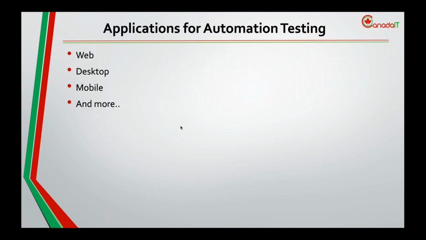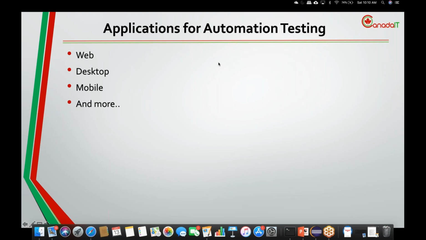Okay, so what are the different applications that you can test with automation testing, that you can think of automating? As we have already discussed, we can test web-based applications, for example Facebook.com. Then you have ebay.com and amazon.com.